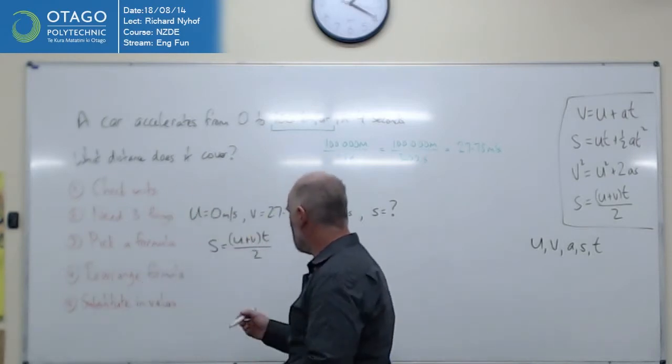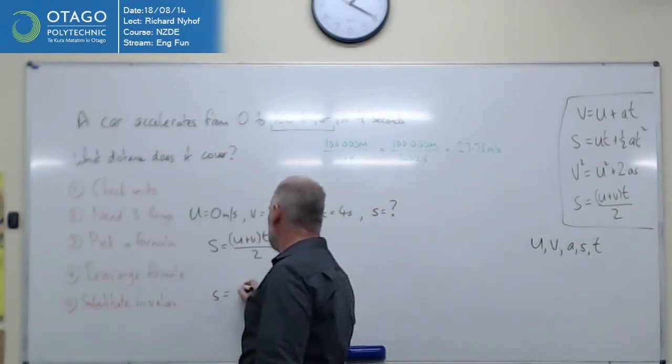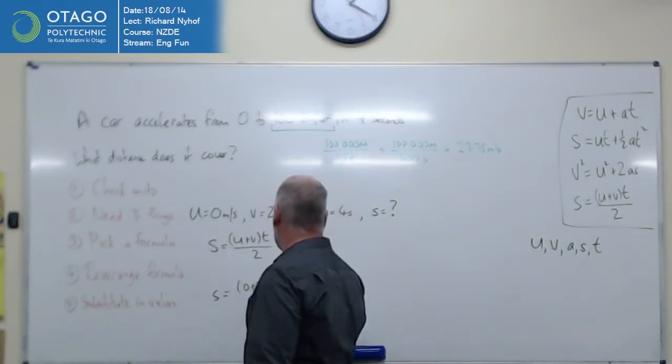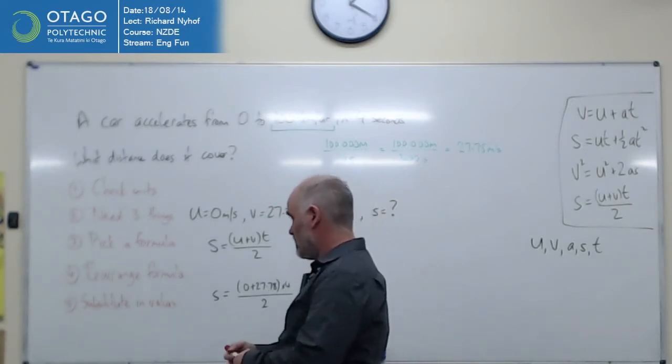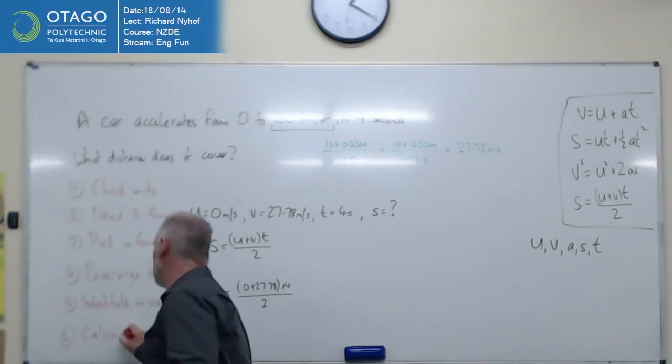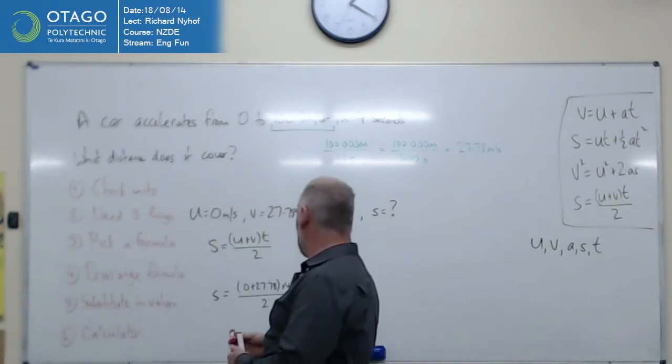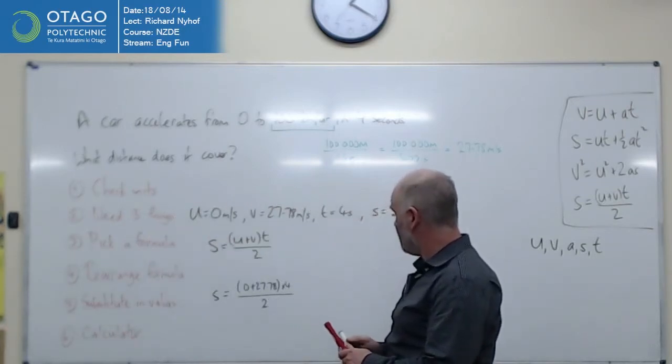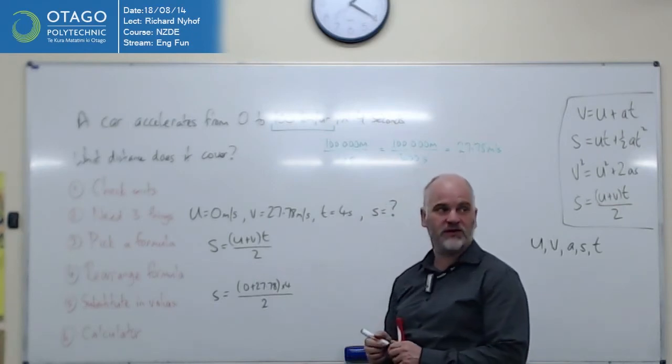So in this case, what have we got? S equals 0 plus 27.78 times 4 divided by 2. And then you grab the calculator, so that's going to be 55.556, I think, is it?